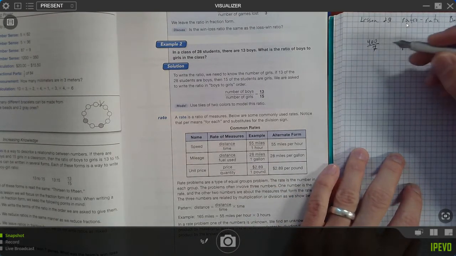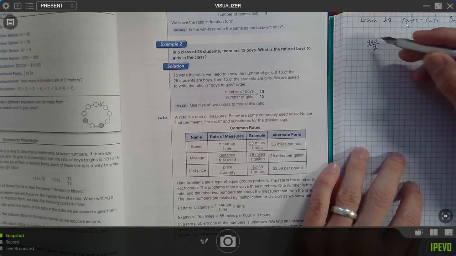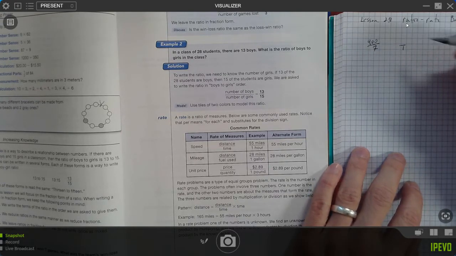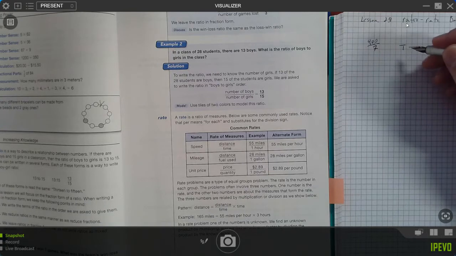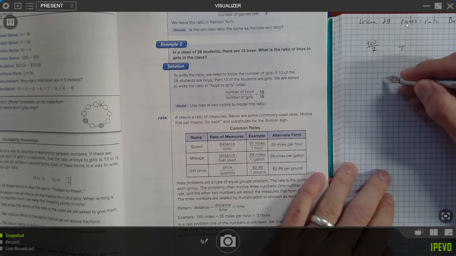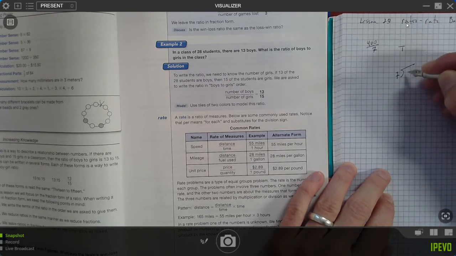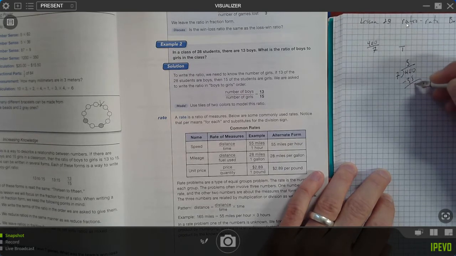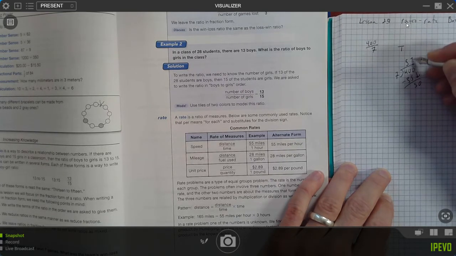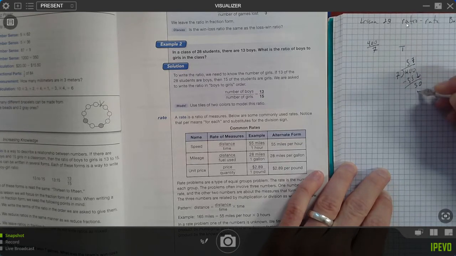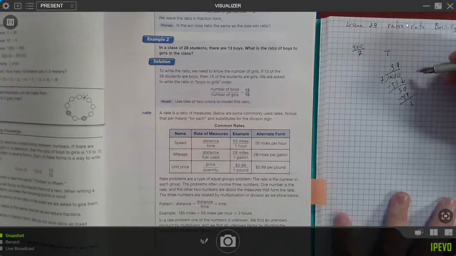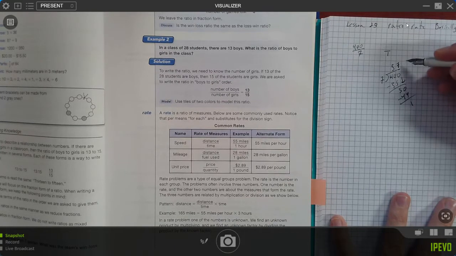So what I'll do here is I'll divide 7 into 400, which gives me 57. 7 times 7 is 49. Remainder 1. I'm going to go ahead and leave that.